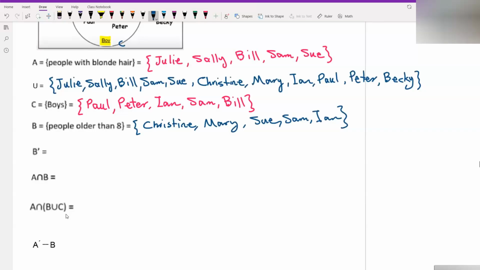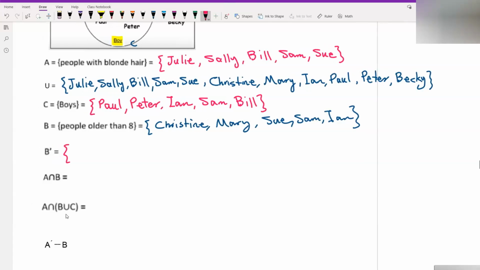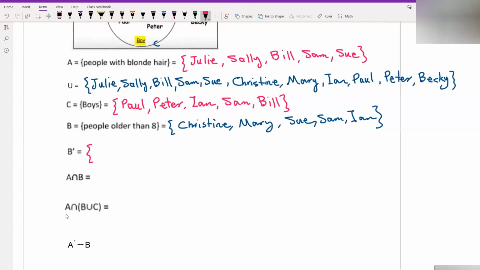Next one is complement of B. We have the members that we have inside B, but complement of B is universal set minus B. So this is universal set minus B is the answer for that one.